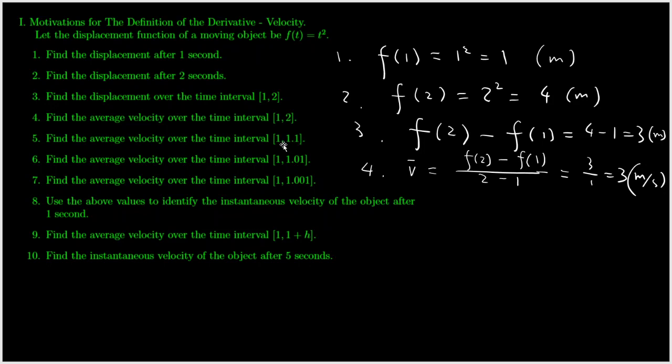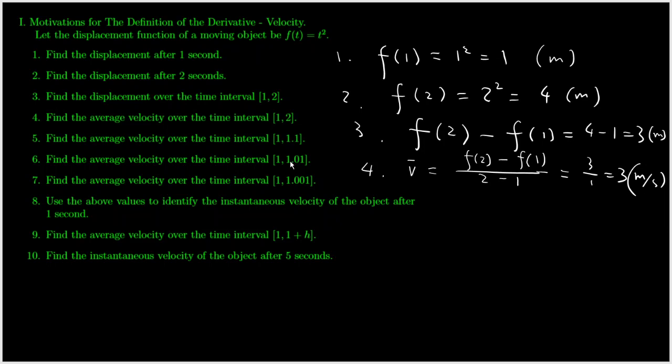From 1 second to 1.1 seconds, the time elapsed is 0.1 seconds. And for question 6, the time elapsed is 0.01 seconds. So basically, we are going to make the time interval shorter and shorter, and then we observe how the average velocity changes. That's the whole idea. But we are going to compute some numbers. Now let's work on questions 5, 6, 7.